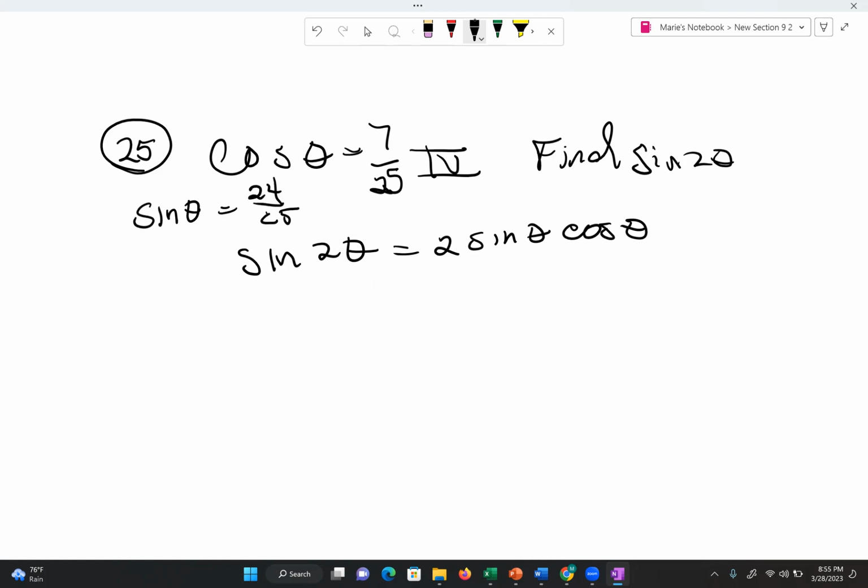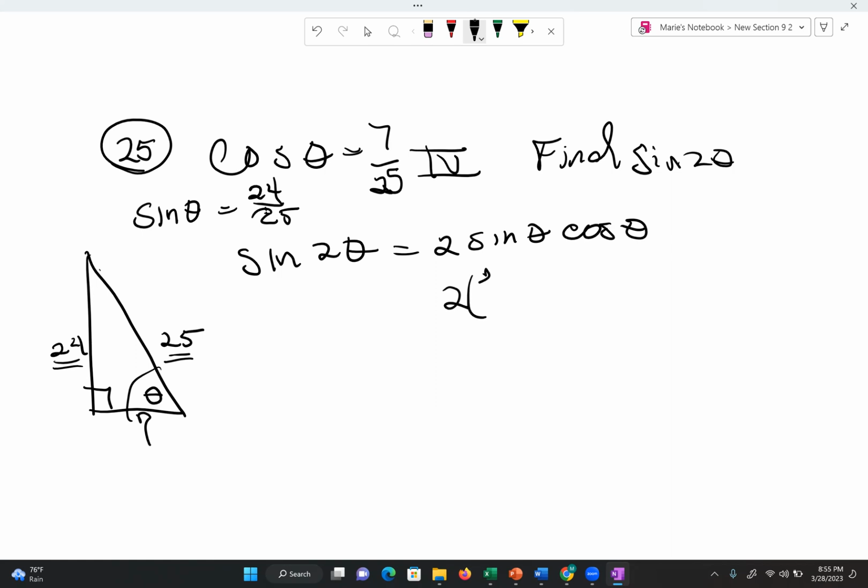If you don't know how I'm jumping to that conclusion, draw a triangle. Here's 90 degrees, here's theta. According to this, this is 25, this is 7. Use Pythagorean theorem, you end up with 24 here once you solve for that. So the sine of theta would be the opposite over hypotenuse, and that's how I'm getting 24 over 25. So the solution would be 2 parentheses 24 over 25 times 7 over 25.